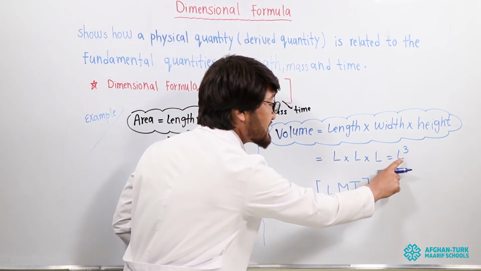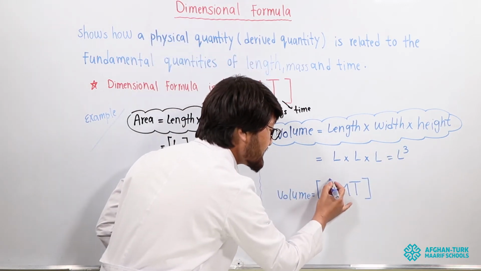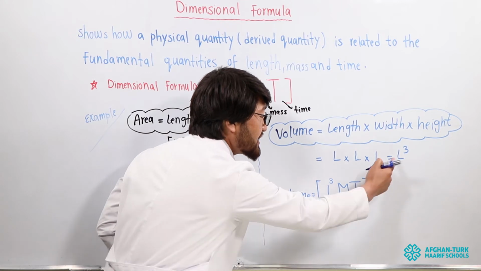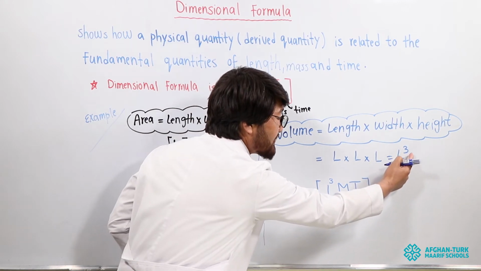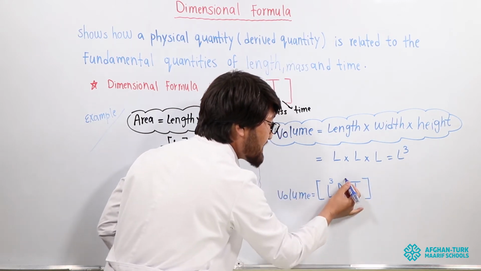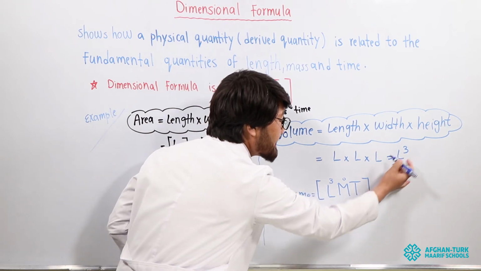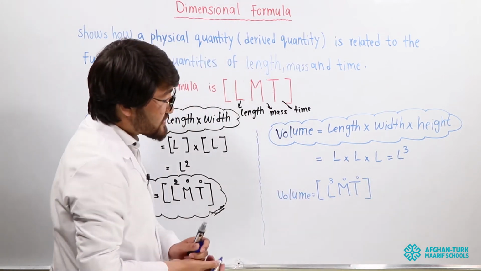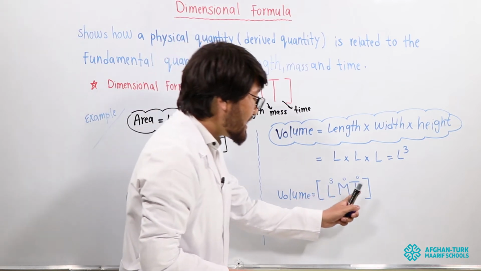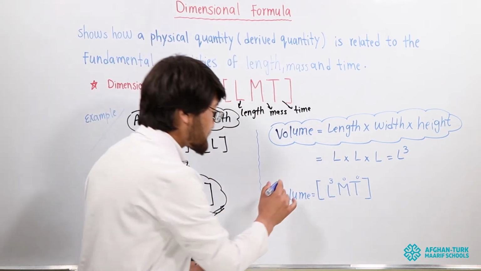Here we have L to the power of 3. You see we don't have mass, so the mass exponent should be 0. We don't have time here, so the exponent of T is also 0.